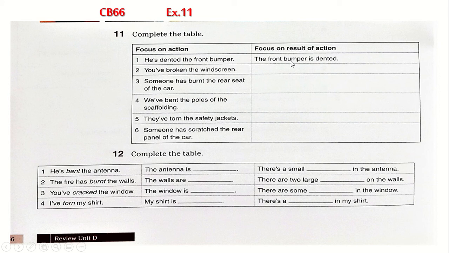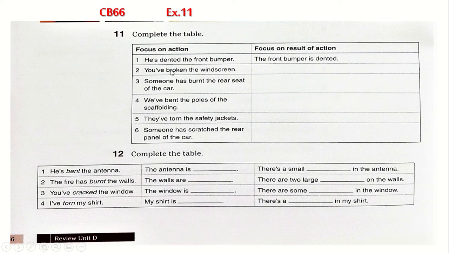Here we start with the front bumper. We start with المفعول به. Then we put is or are. Is for the singular للمفرد, are for the plural الجمع. And then we use the past participle of the verb التصريف الثالث للفعل.